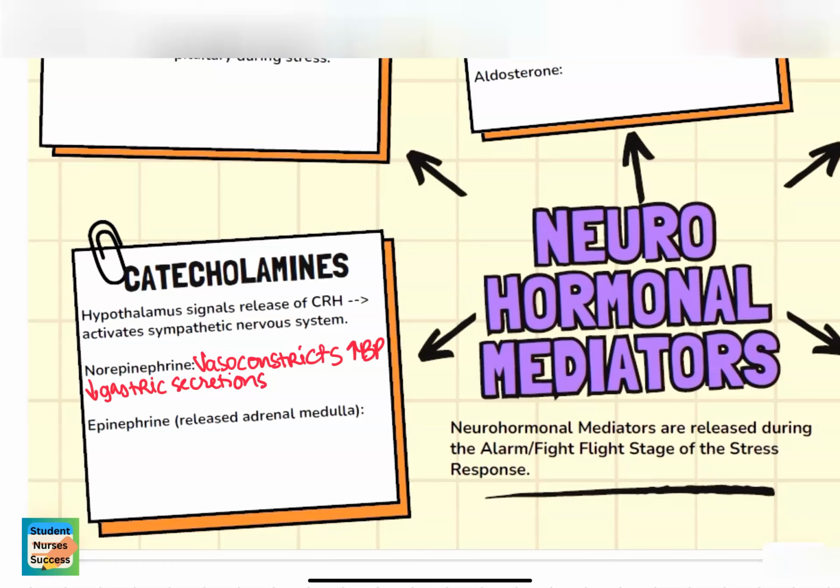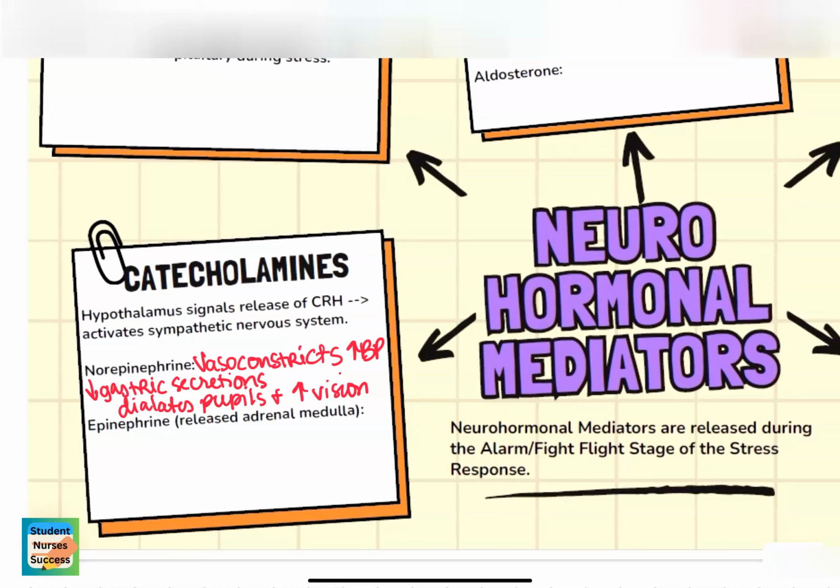You're actually really not digesting food during that time. We also know that norepinephrine dilates pupils and actually increases your vision. So it makes you a little bit sharper in your visual field.